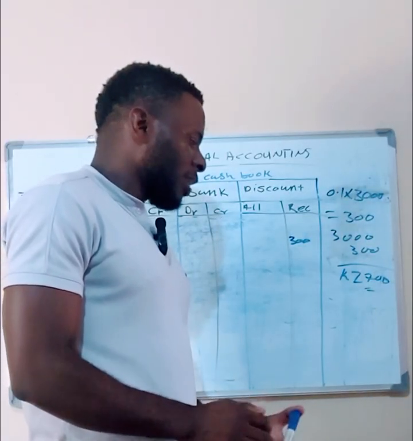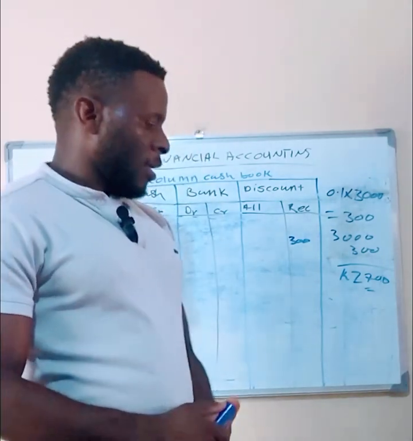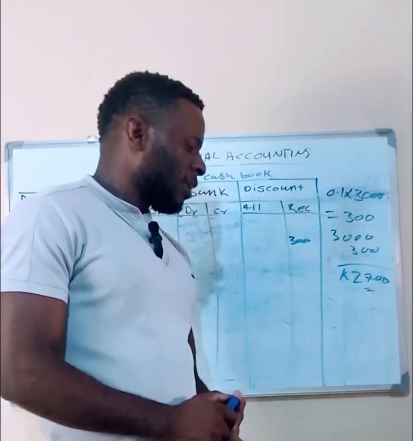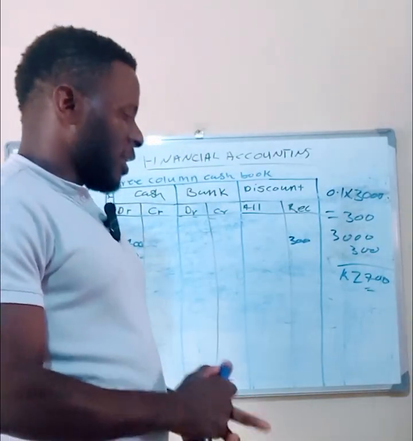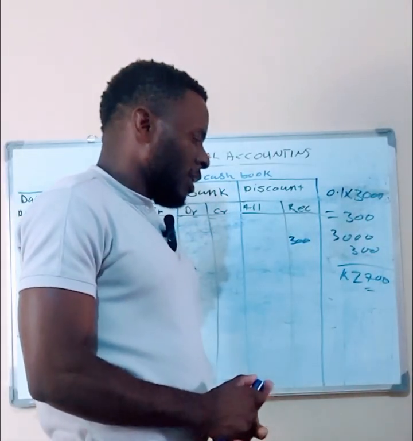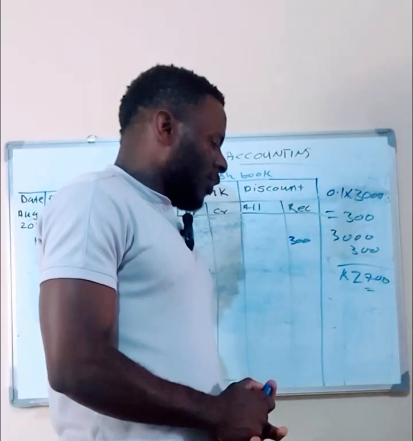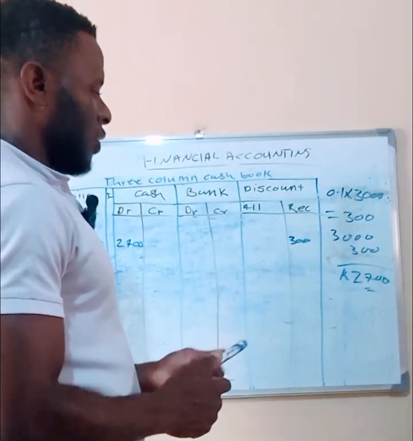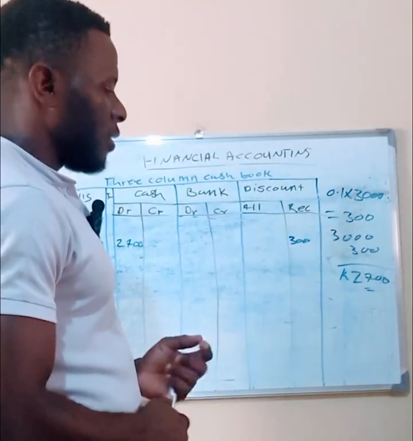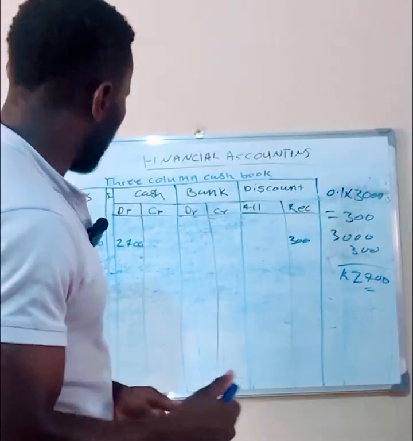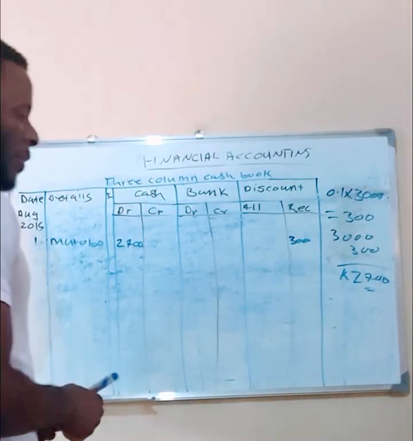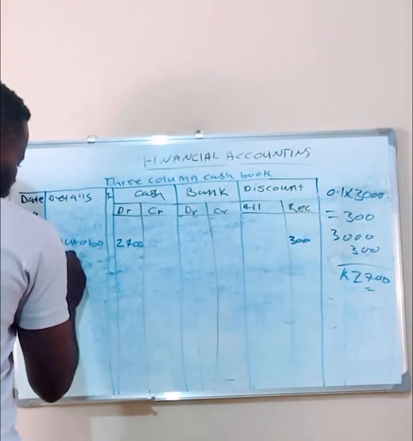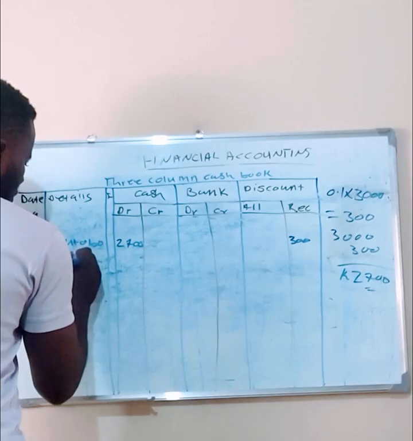So under a personal account, we credit the giver and debit the receiver. Chibwe was giving, so we are going to credit his account, and we are going to do the opposite: debit the cash account.